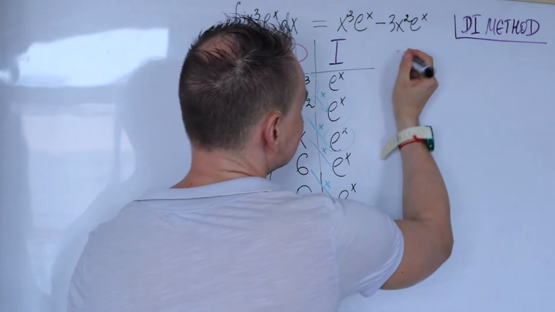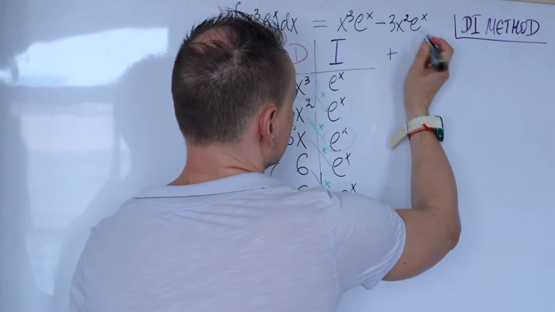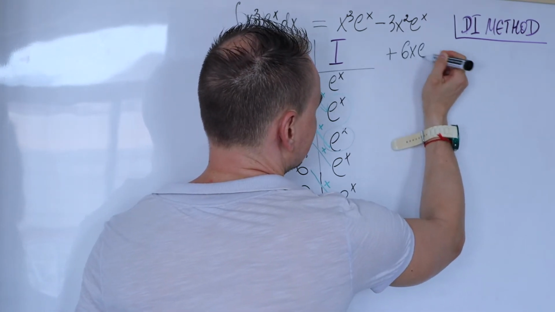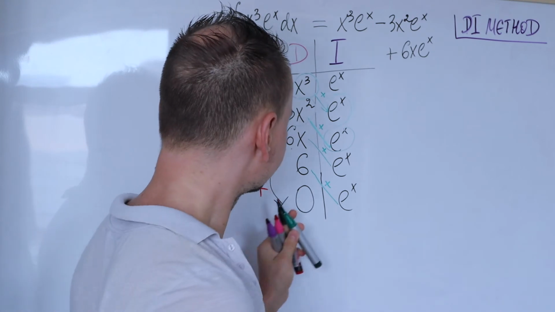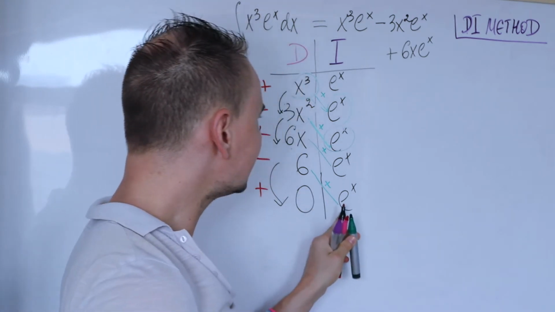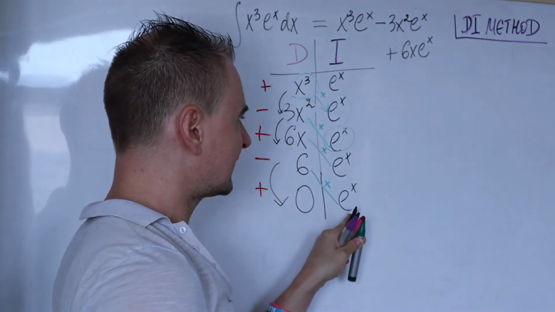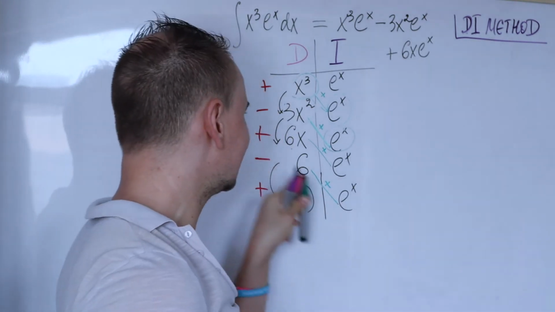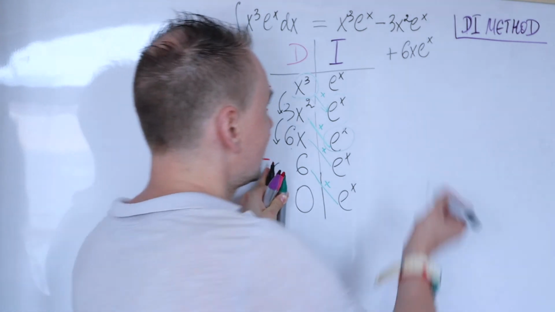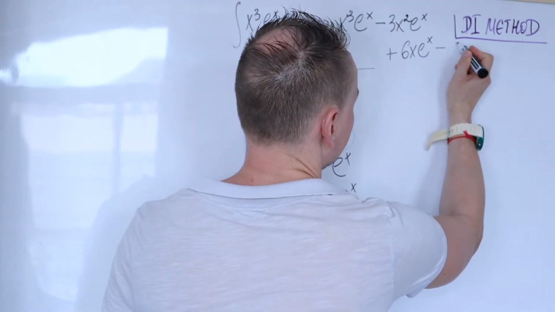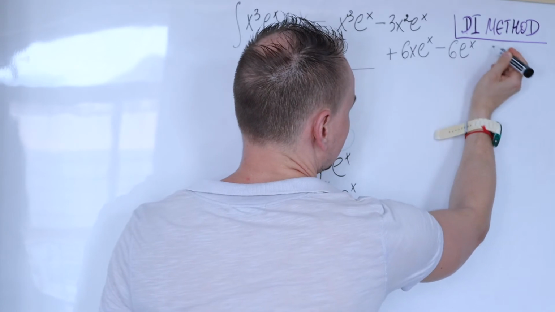So plus 6x e to the x. And finally the last term, 6 times e to the x, and it comes negative. So minus 6e to the x.